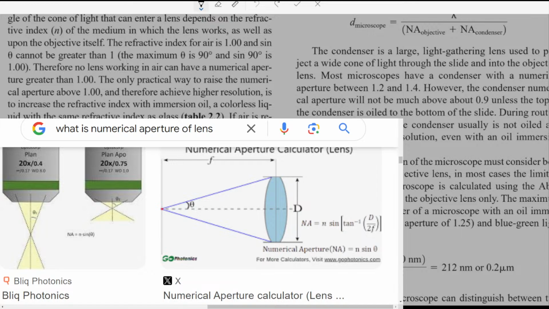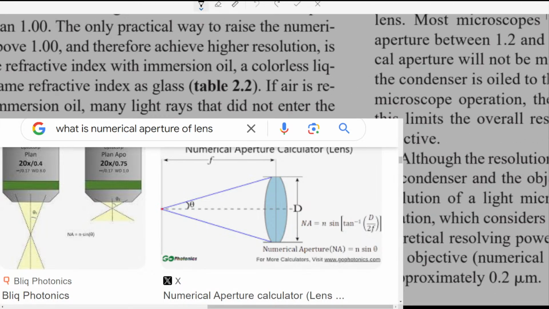They are saying that the refraction that was happening beyond 90 degrees will now turn into more rays within 90 degrees, so increasing the light, and you can say increasing the numerical aperture and resolution results.